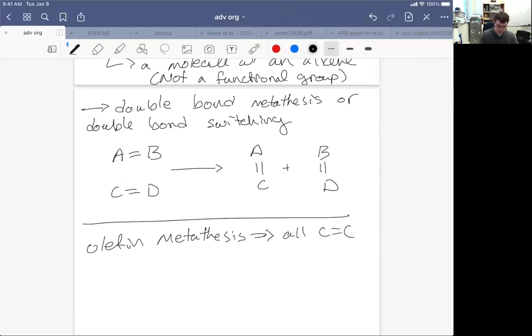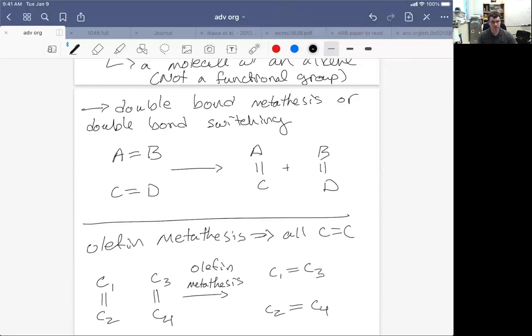So if we had C1 bonded to C2 and C3 bonded to C4, all with pi bonds, we could do olefin metathesis to get C1 double bonded to C3 and C2 double bonded to C4.